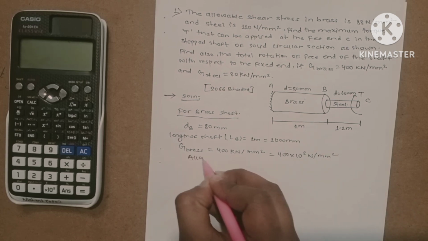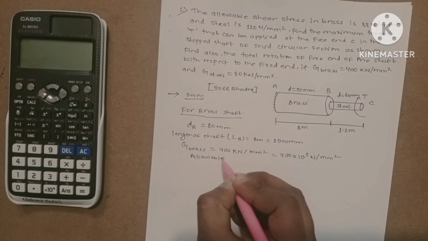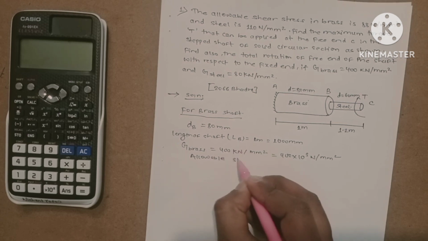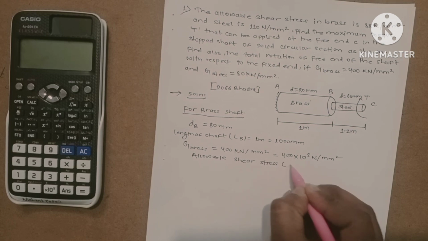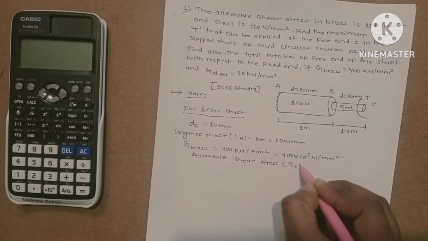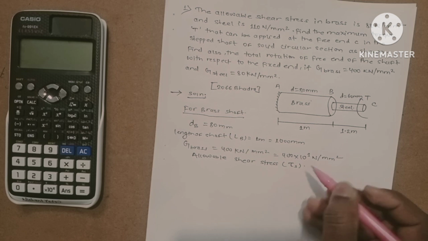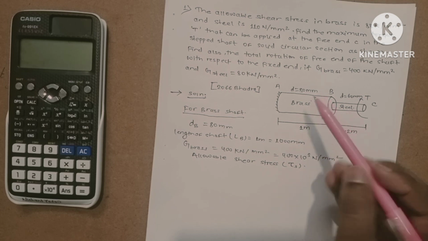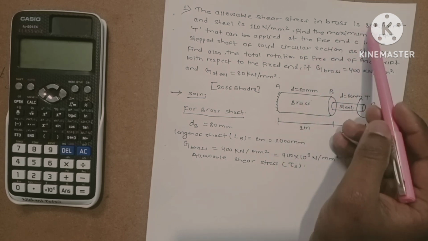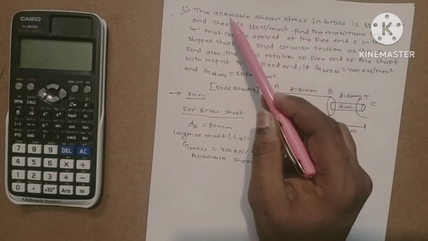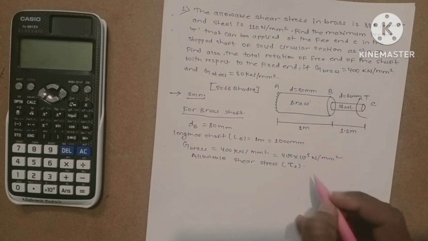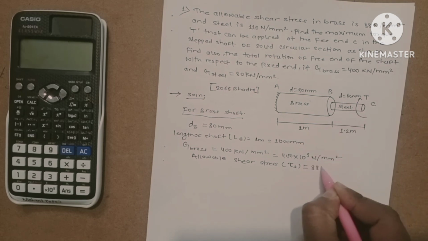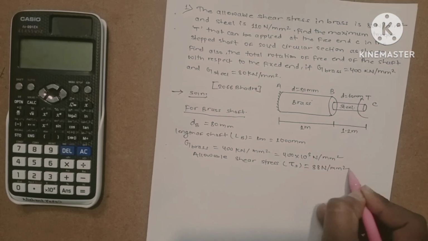Allowable shear stress tau s of brass. So we have given here the allowable shear stress in brass equals 88 Newton per millimeter square.